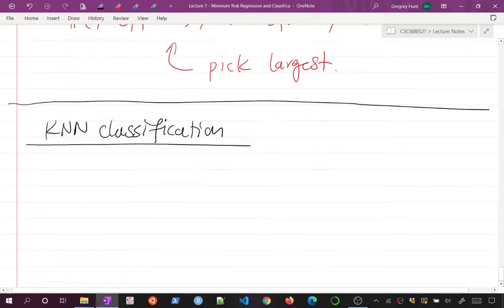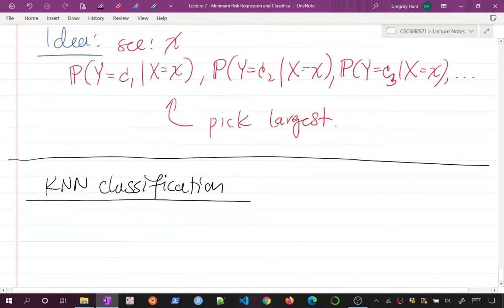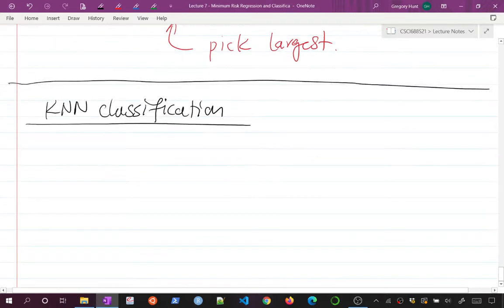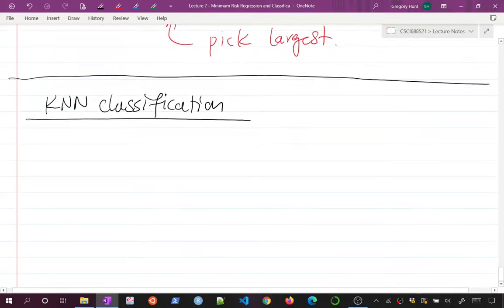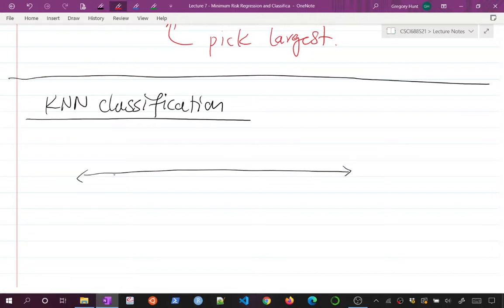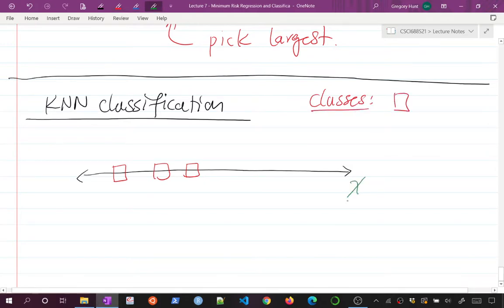And so what KNN classification does is basically the same way it worked for regression. If I have some training data, maybe I have some red squares, these are my classes, and this is basically my x-axis, right?